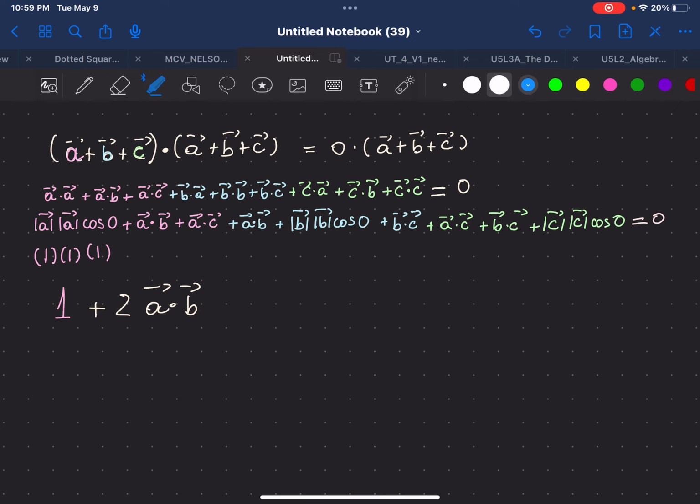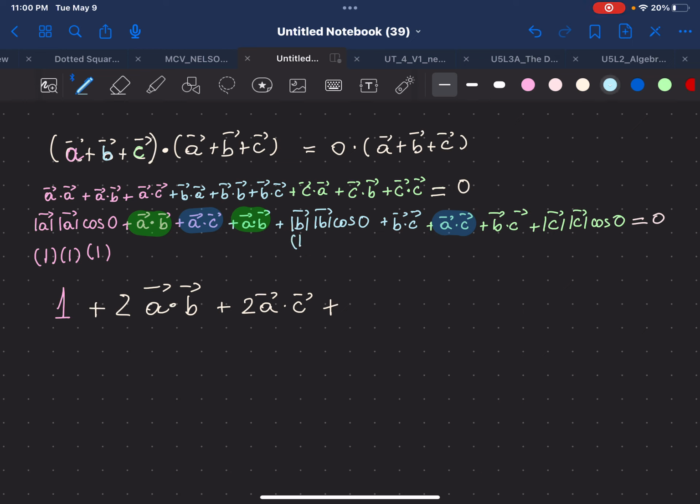Let me try to highlight them. I don't know if I can. It's okay. And then we have a dot c. So let's see if it has any friends here. Yes, there it is. So we got two of them, 2 a dot c. And then plus, here we have a similar situation.